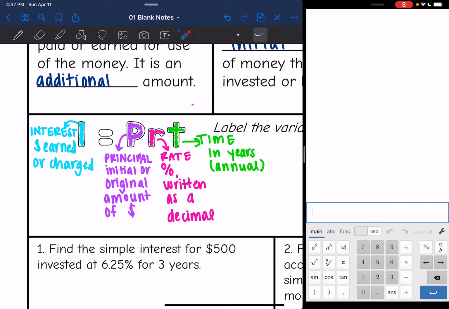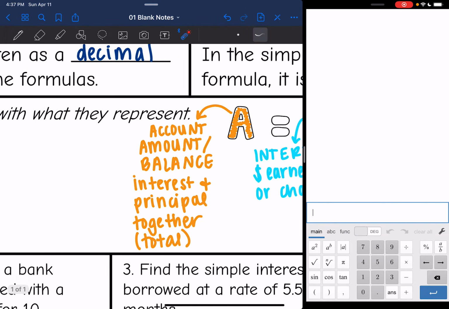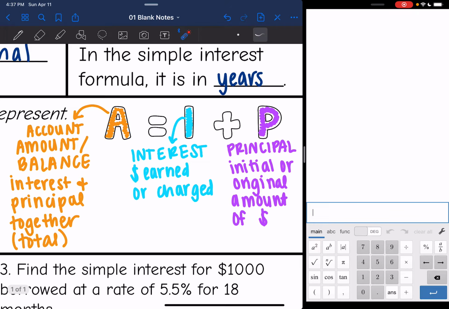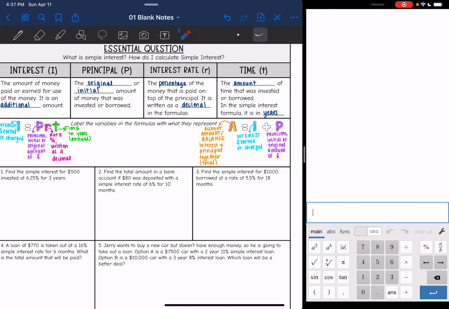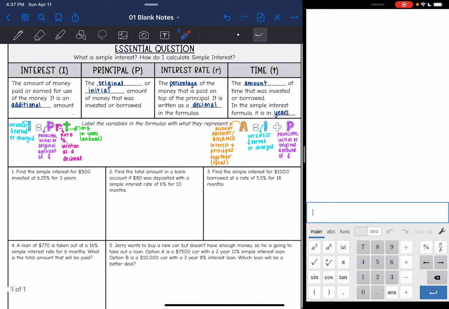So if it asks for interest earned, this is what you will do. Sometimes it will want the total amount though, which is the interest and the principal together. So you will take the interest that you earned and add the principal to find the total amount. So we're going to use these two formulas to answer a few questions.